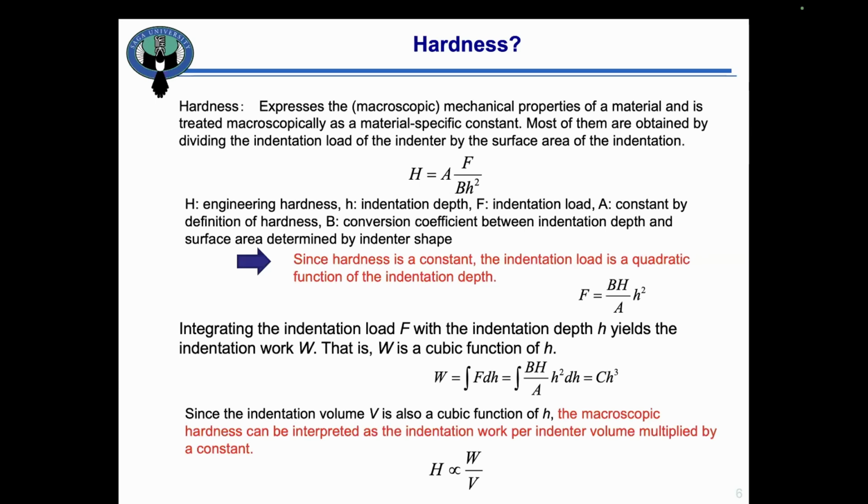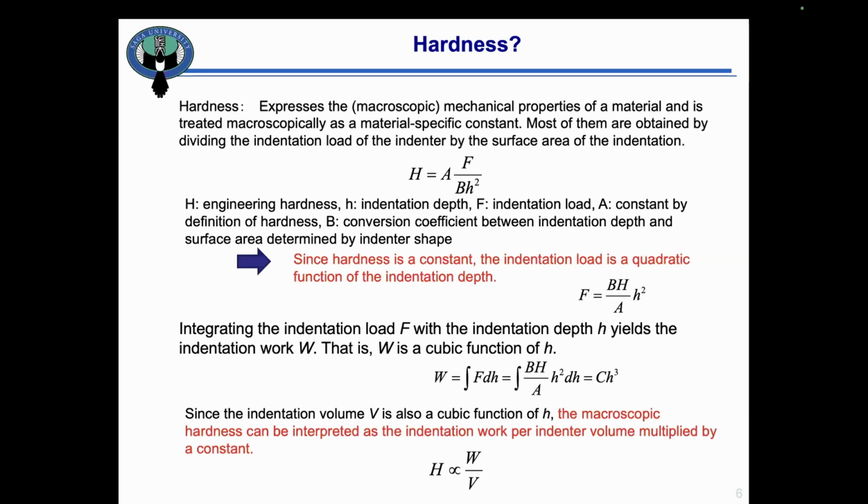By changing the formula, the loading force F can be written like this. As you can see here, the indentation force is expressed as a second-order function of the indent depth H. Since the hardness is a constant, the indentation load is a quadratic function of the indent depth.